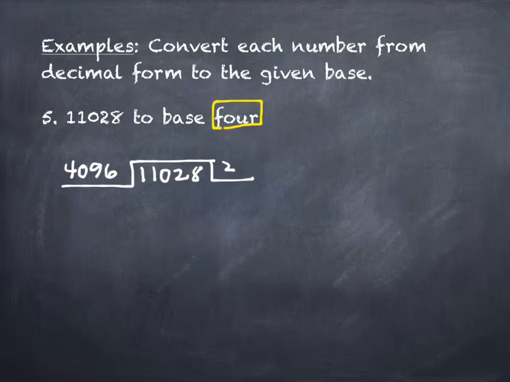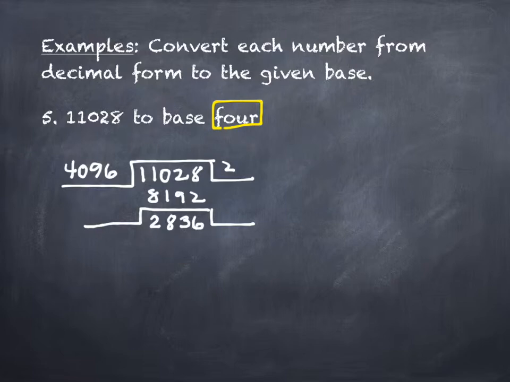What is 2 times 4096? 8192. And then we subtract. What is 11,028 minus 8192? 2836. What's my next place value?